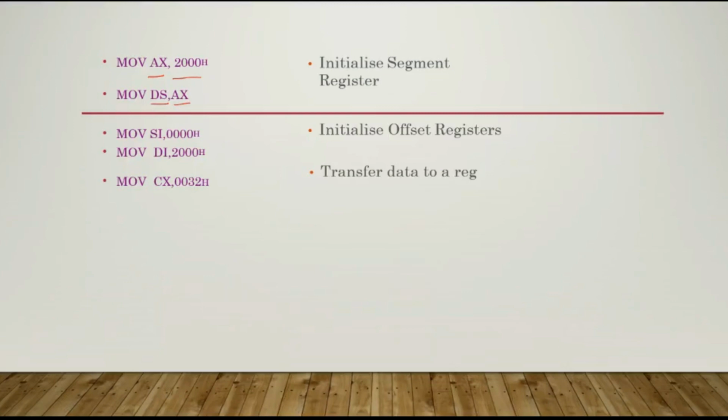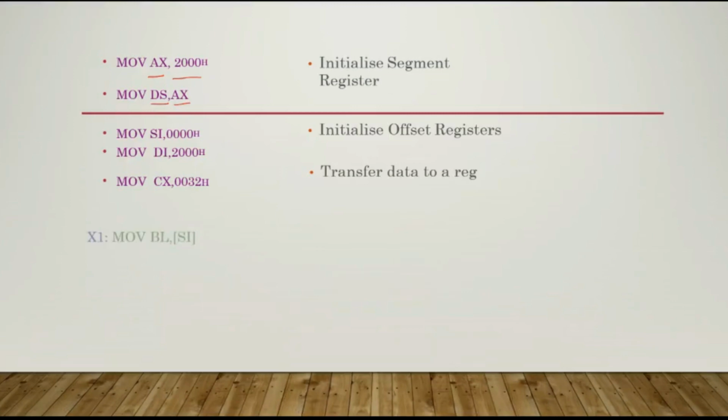The data at 20,000 H should be copied to the address 22,000 H. Then I will go to the next address, which is 20,001, and the data present in that location will be copied to the address 22,001 H. So I will keep on repeating this process 32H times.